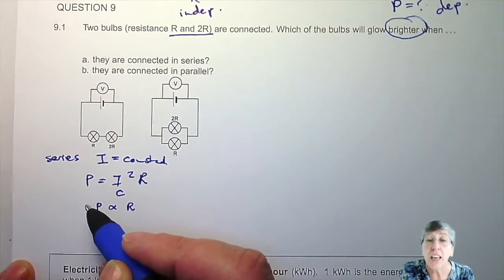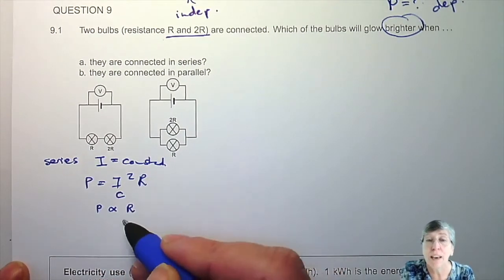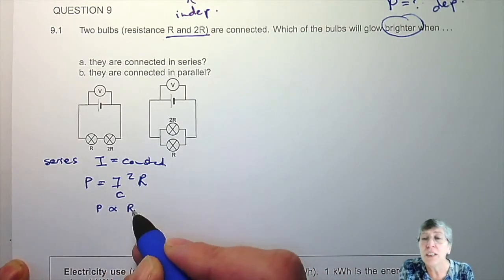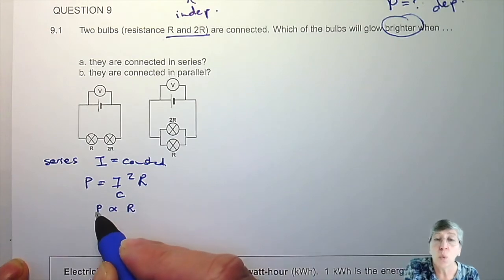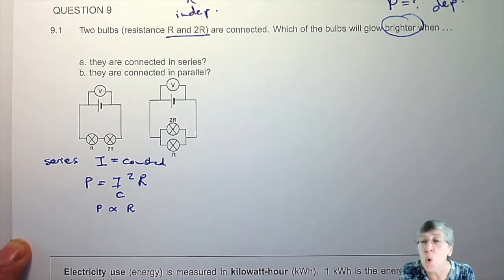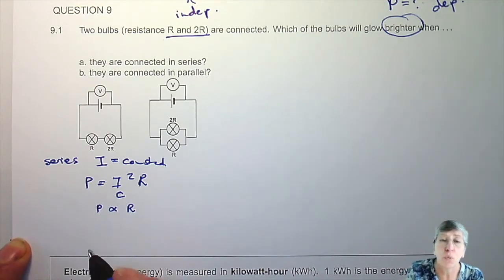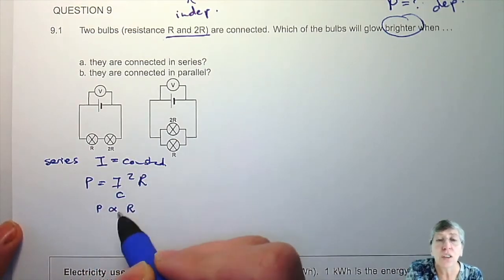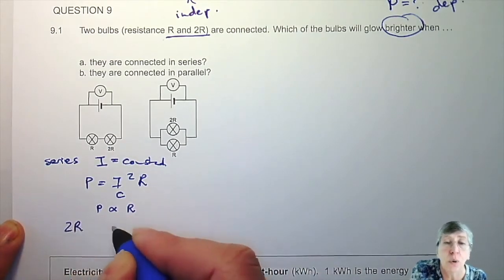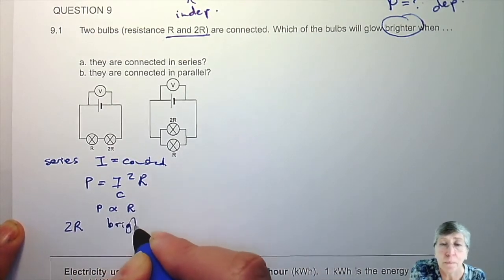They will increase or decrease with the same factor, so they're directly proportional, which tells me the one with the bigger resistance will be the one with the bigger power, and that means will be emitting more light energy per second, right? It will be brighter. So who's got the bigger resistor? 2R has got the bigger resistor, so 2R will now be brighter.